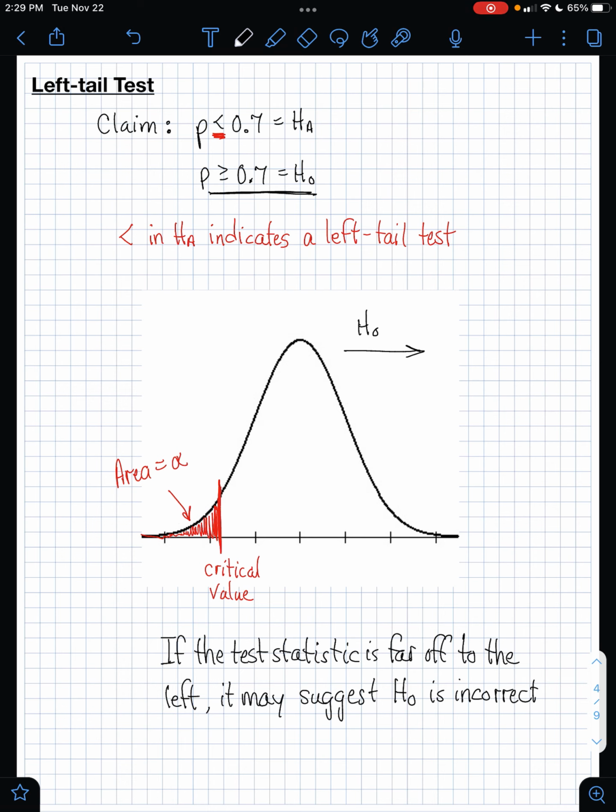Well, it needs to be in the shaded region. We will talk about that shortly, but right now I'm just describing the idea of a left tail test. So, once again, the symbol of inequality in the alternative hypothesis is indicating a left tail test. Our null hypothesis wants our value to be bigger than 0.7. It wants it to be large. So if we find something that's very, very small, it might be enough to suggest that H sub 0 is wrong.